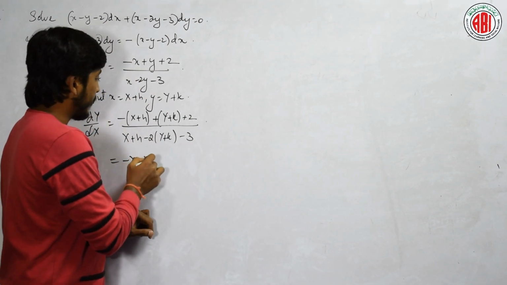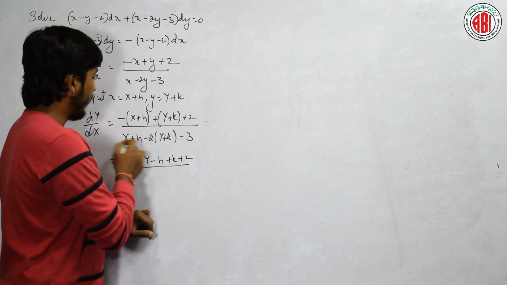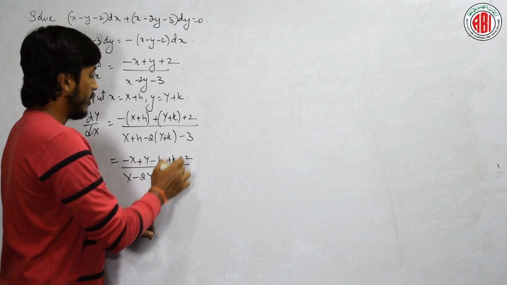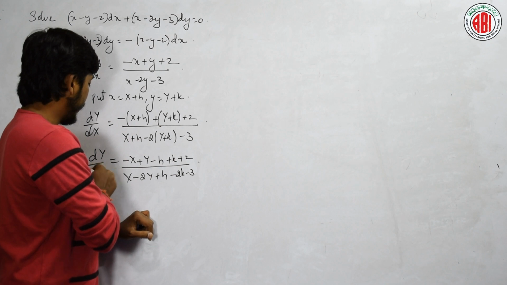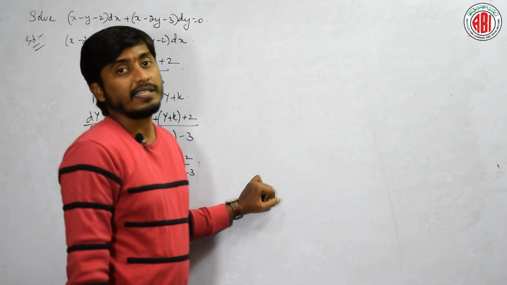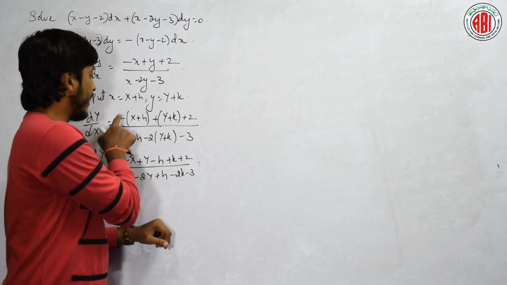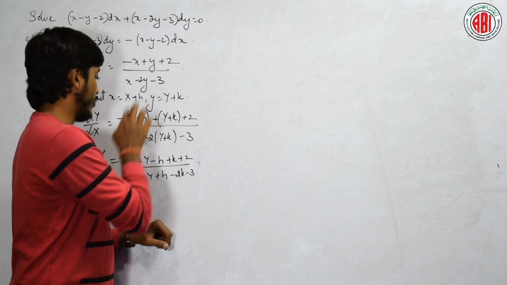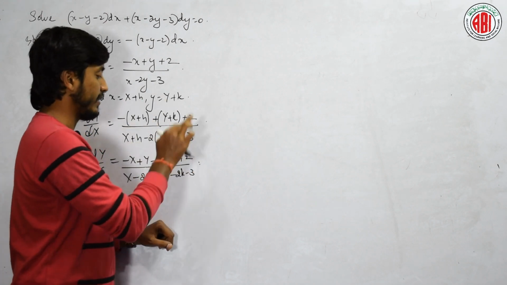Minus x plus y minus h plus k plus 2 divided by x minus 2y plus h minus 2k minus 3. This is dy by dx. Is it fine? So, the main thing you have to check correctly: minus h plus k plus 2, and h minus 2k minus 3.